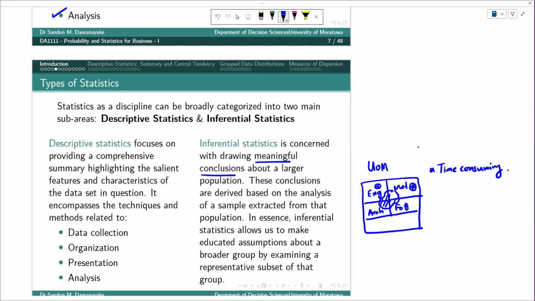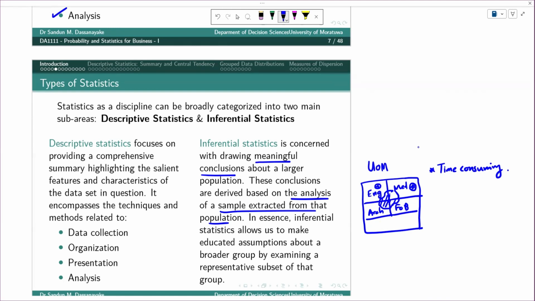These conclusions are derived based on the analysis of a sample extracted from that population. This was pretty easy to understand in terms of COVID. COVID was spreading all around the world, and if you want to identify whether a certain area is affected, just by taking a sample of the population, you can look at the numbers and whether it's spreading.